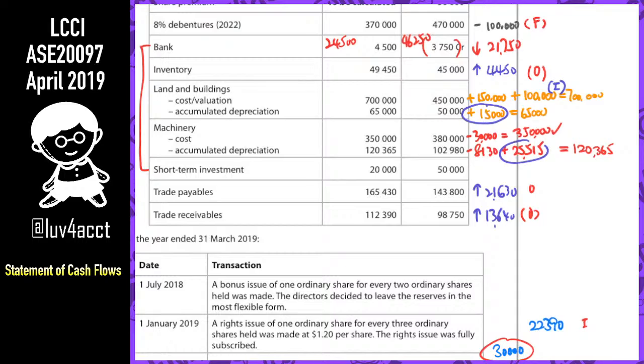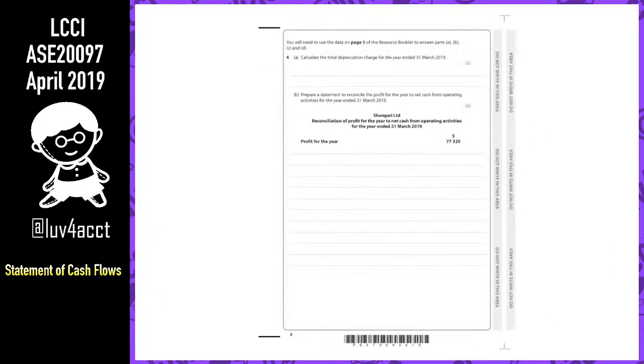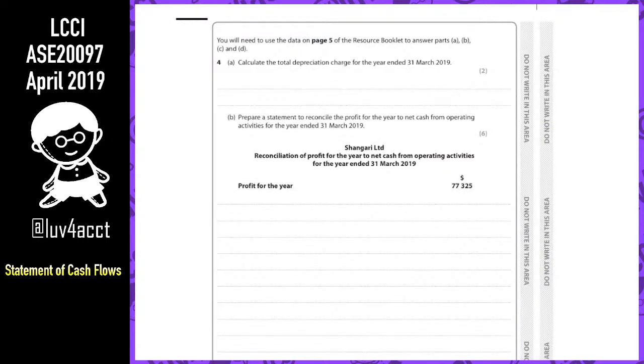And remember, in the first requirement we are asked to calculate the depreciation charge. So it will be 15,000 plus 25515, being 40515.